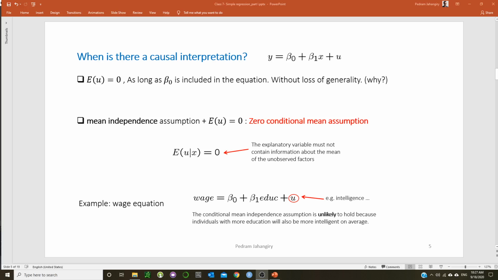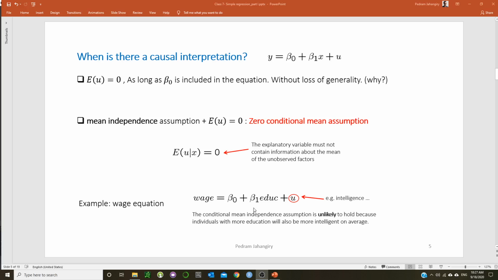Why? Because individuals with more education will be more intelligent on average. Remember, this U contains intelligence in it, for example, and we know that there is a relationship between intelligence and education. So I cannot assume that on average the intelligence we are looking at is independent of education.